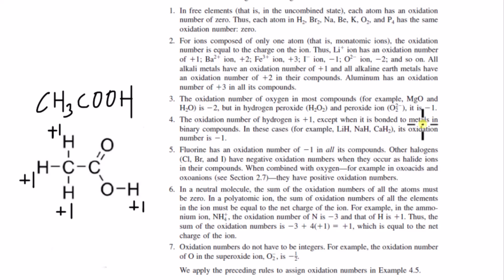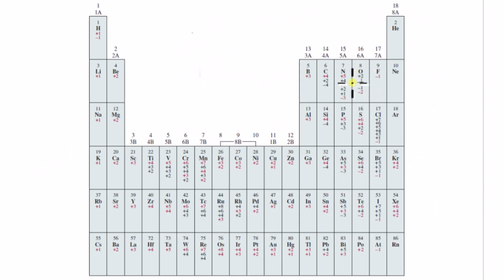But we also saw with Rule 7 that you had oxygens with oxidation numbers of -1/2. We can see in the table of oxidation numbers, there are 4 oxidation states listed, with -2 being the primary one in red.